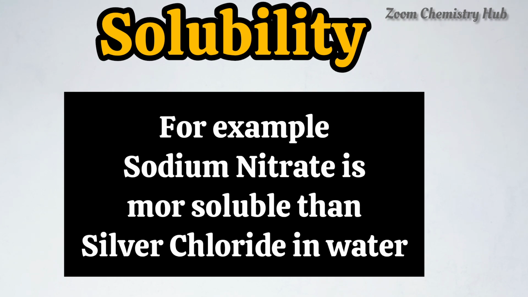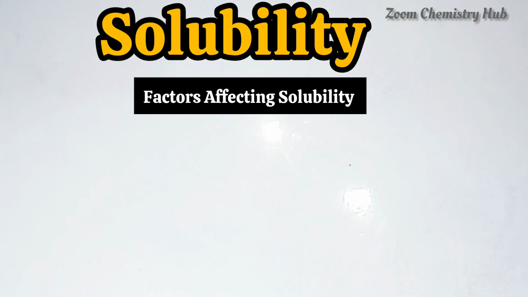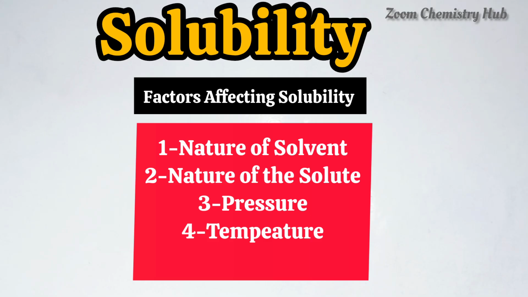silver chloride. There are various factors affecting the solubilities, that is the nature of solvent, nature of solute, pressure and temperature. In this video we will discuss only the factors that are the nature of solute and the nature of the solvent.